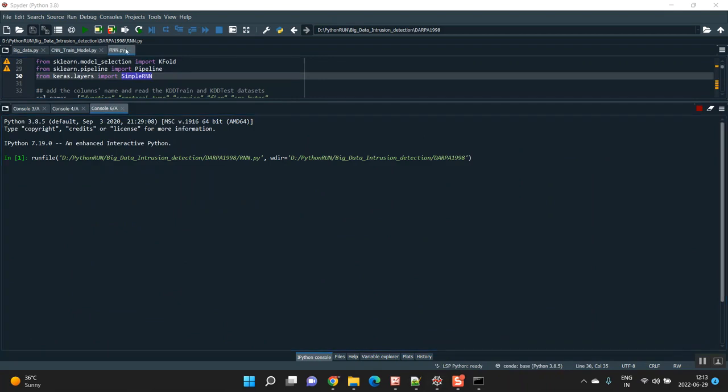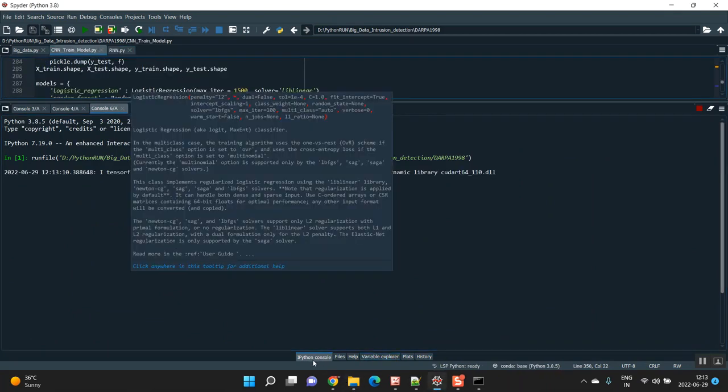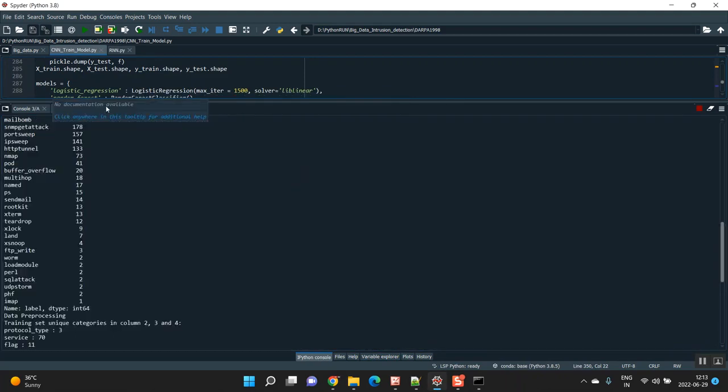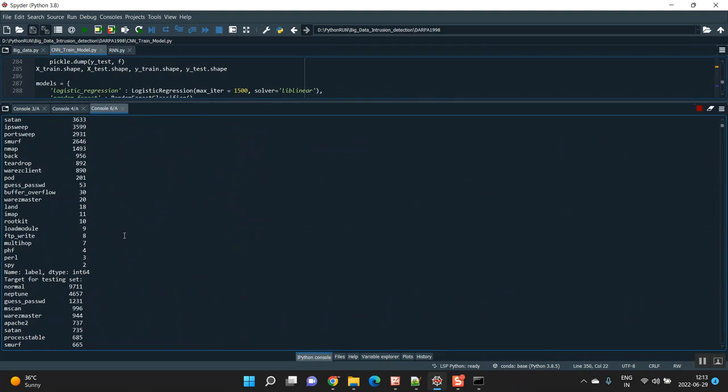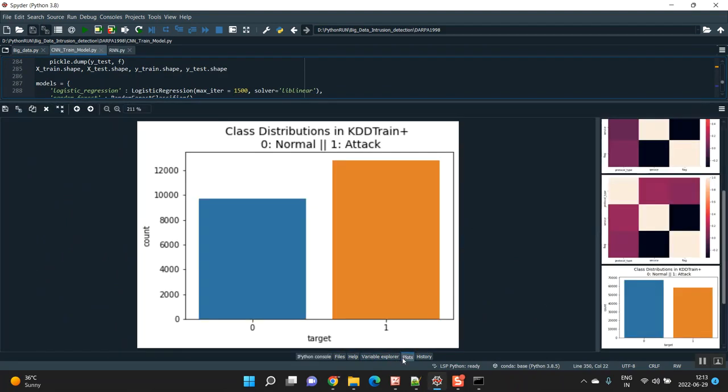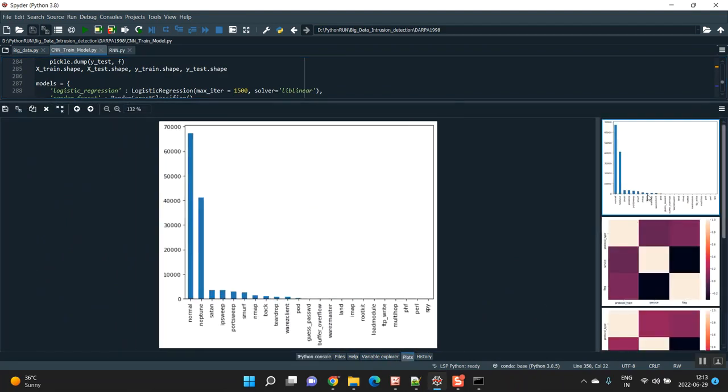Then I started the execution of RNN here. CNN is in process, it's executing. So right now I started the execution of RNN. It shows the data set values, everything, and it provides you the plots also based on that.